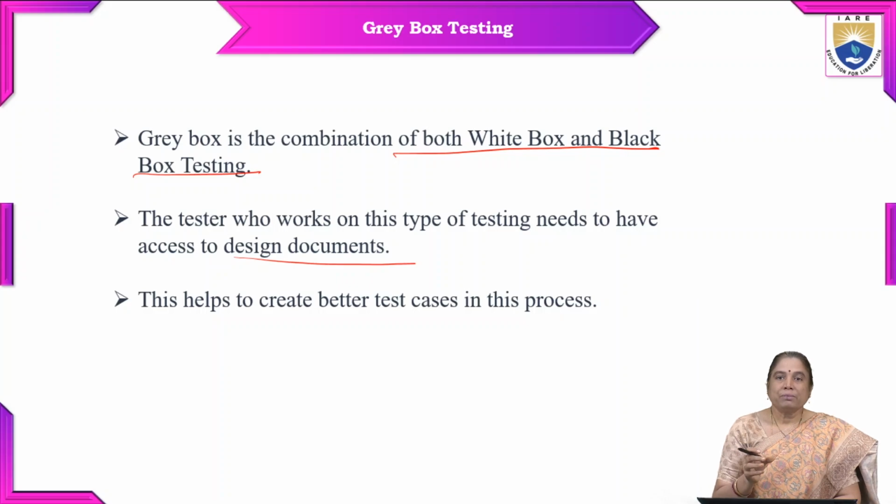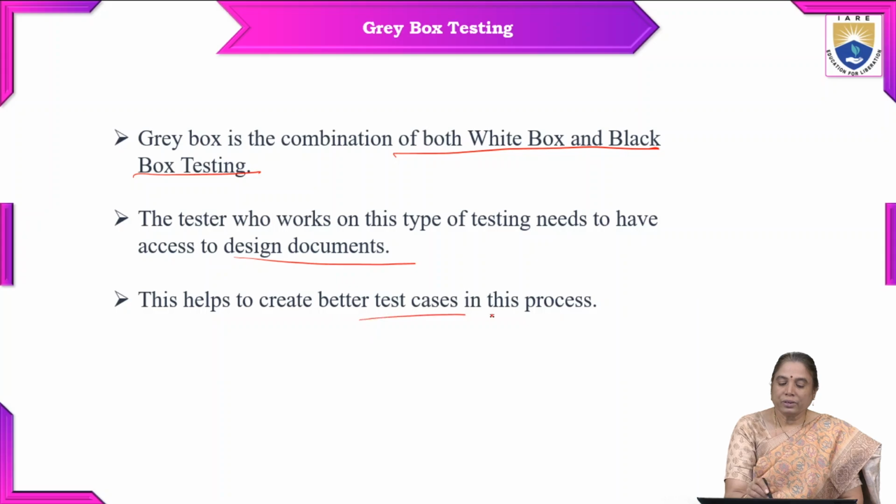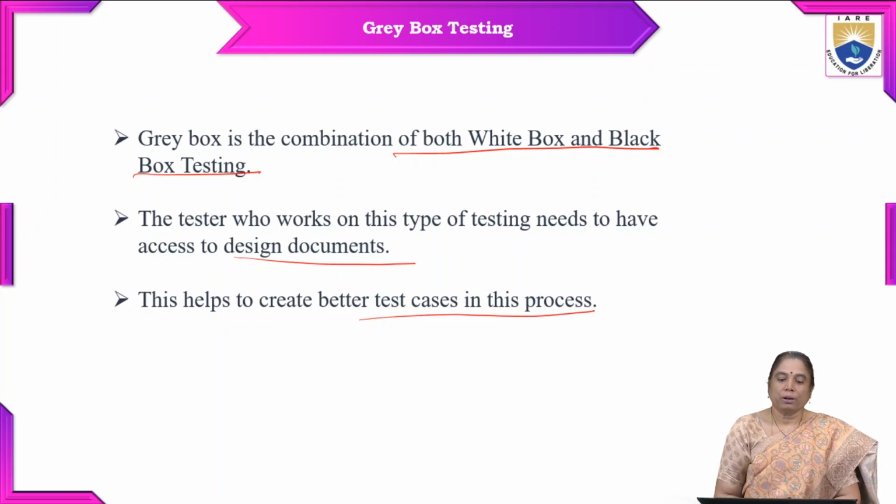The interface between the modules and the deployment architectures must be described visually with the help of the design document. To perform grey box testing, the design document and SRS play the major role. This helps to create the best test cases with the help of these two documents.